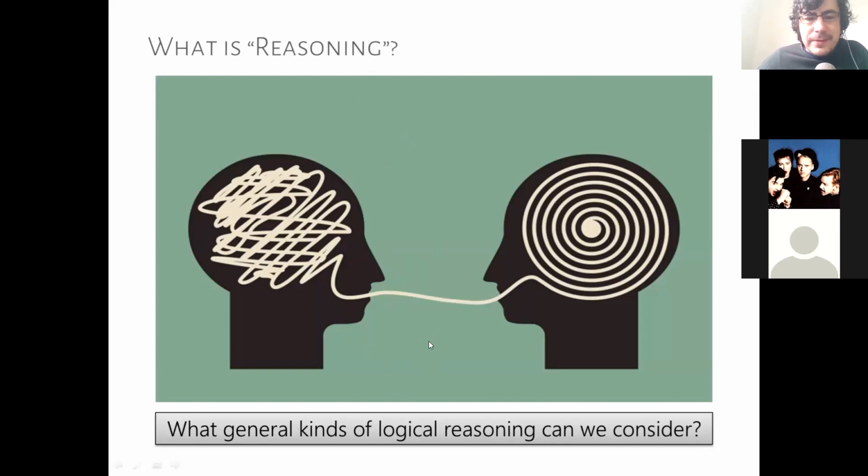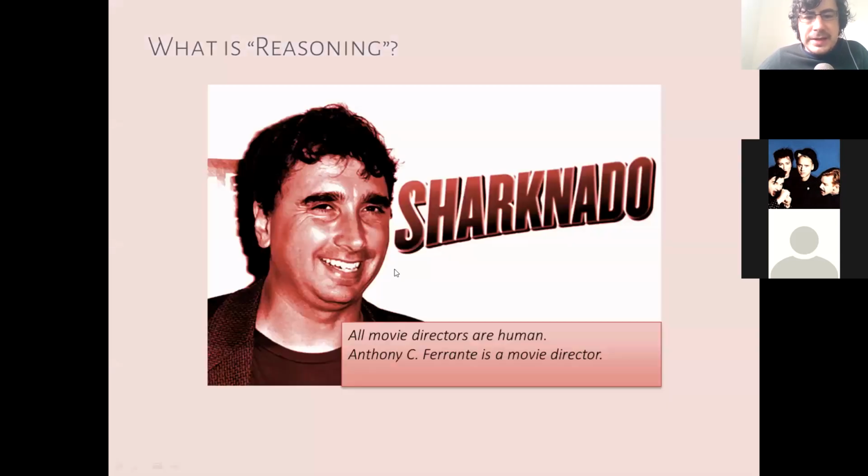The first type of reasoning that we could consider in the general case is of this form. All movie directors are human. This is like a quantified statement, or almost like a rule. I say quantified because it's all. If you've seen first order logic before, you know the universal quantification. All movie directors are human.